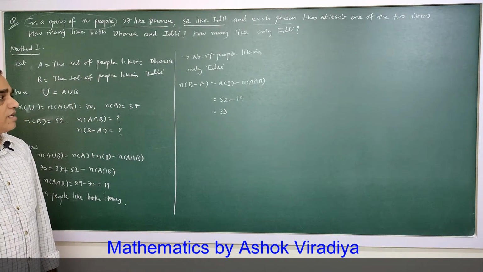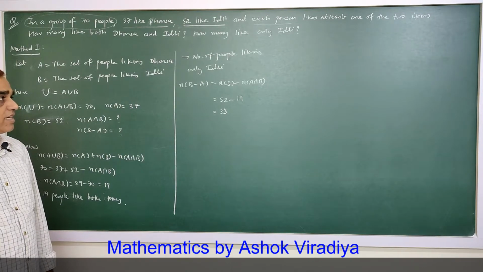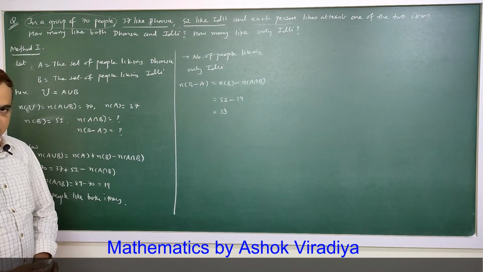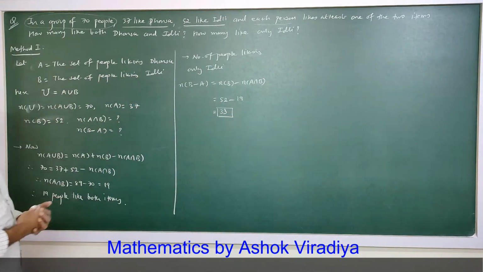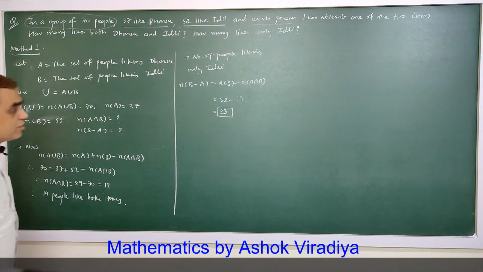So there are 33 people who like only idli. So this is the first method. Now method 2.